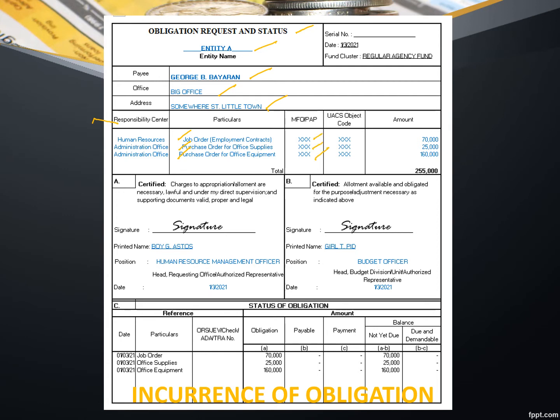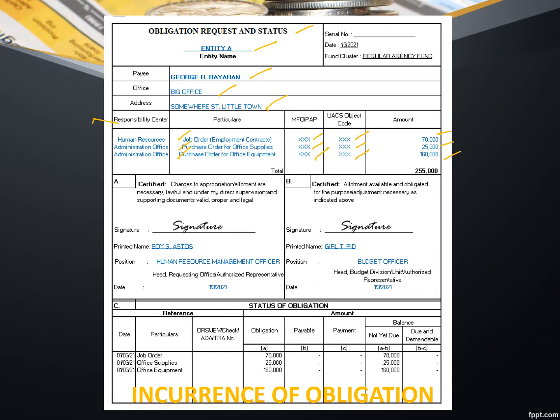Then yung UACS object code which can be found doon sa ating revised chart of accounts. So yun yung parang chart na account number which is makikita sa revised chart of accounts, and the related amount. Okay? So ano ba yung ginagawa dito?